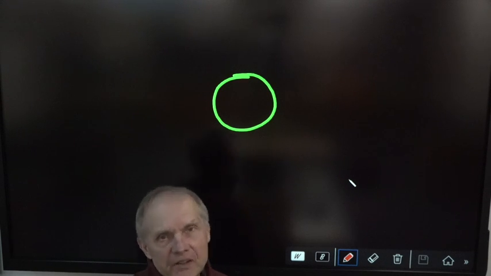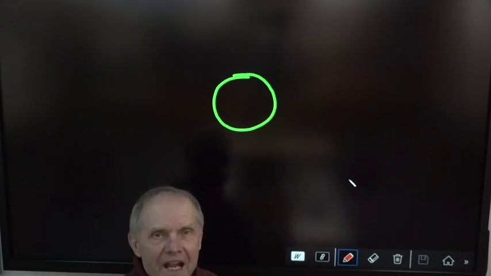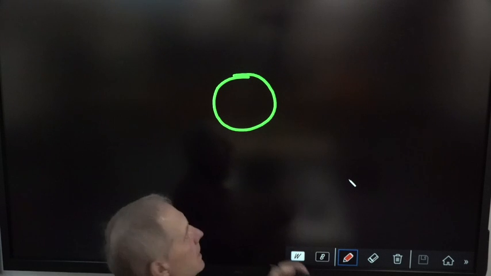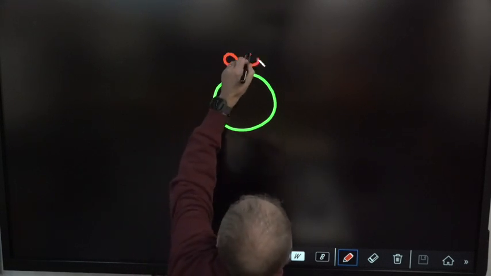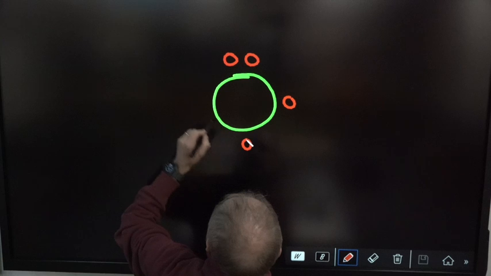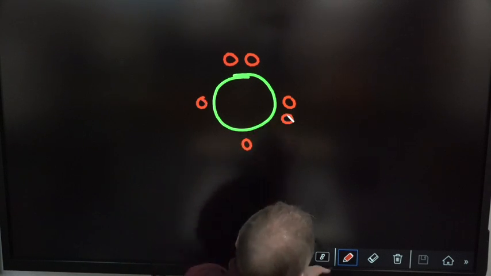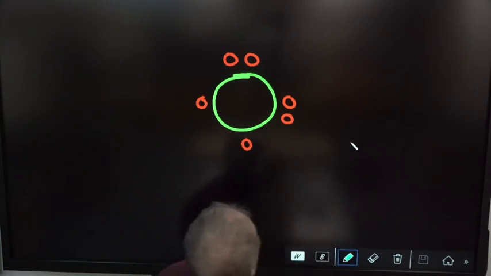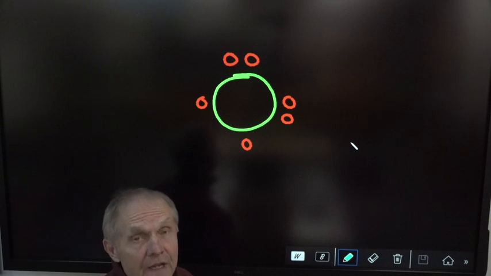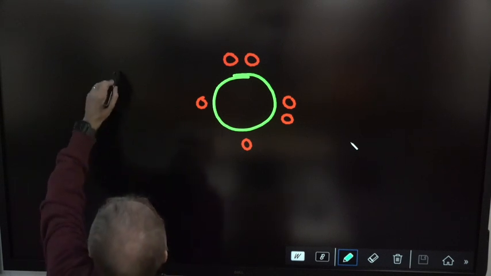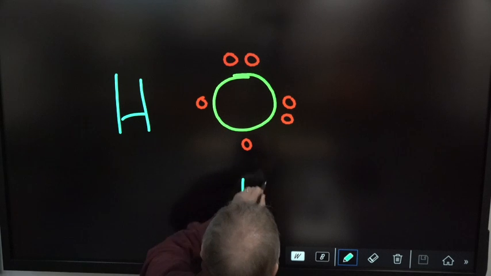Got 6 valence electrons, which is an S2P4. So here's my S2, P1, P2, P3, P4. Okay, now that's oxygen. Now the hydrogens are going to be right here and here.